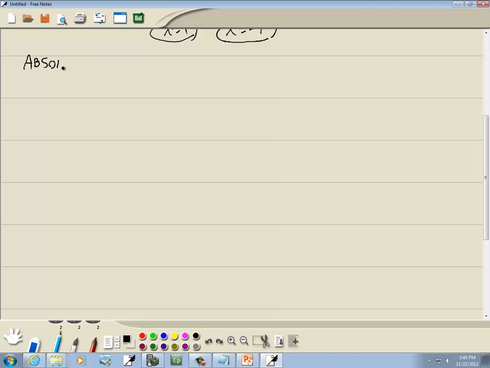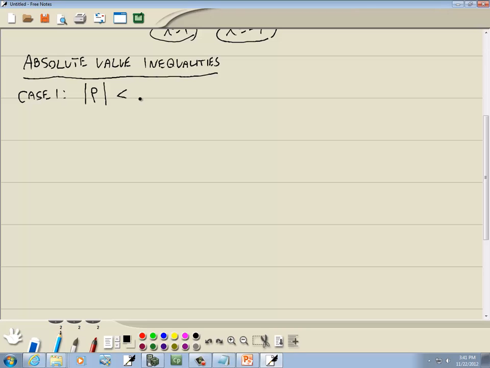Now the next thing in this section is absolute value inequalities. And we have two cases. One of them where we have the absolute value of something is less than something else.